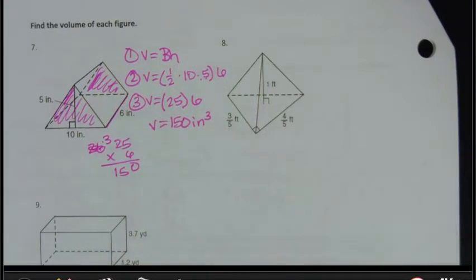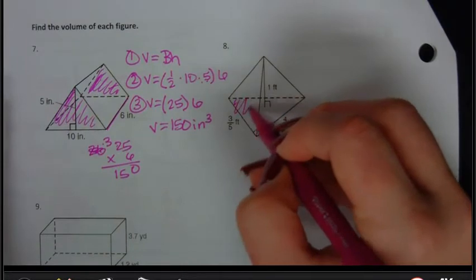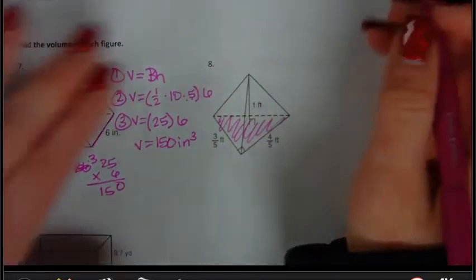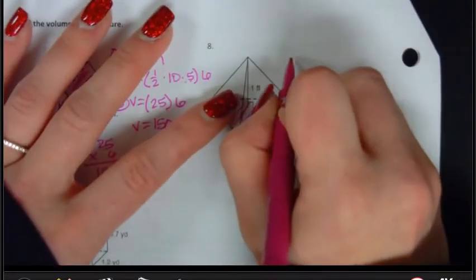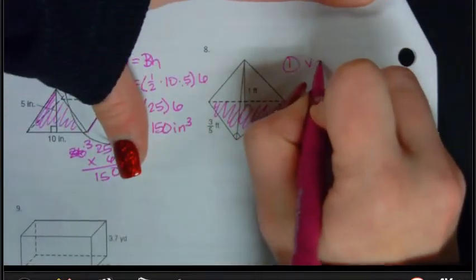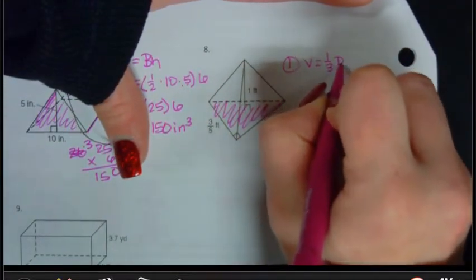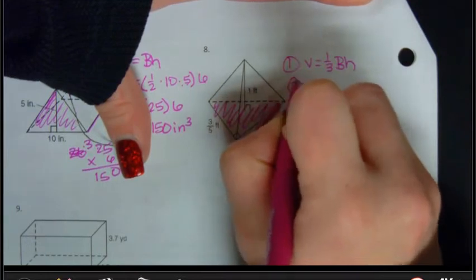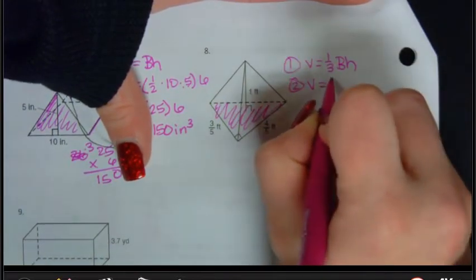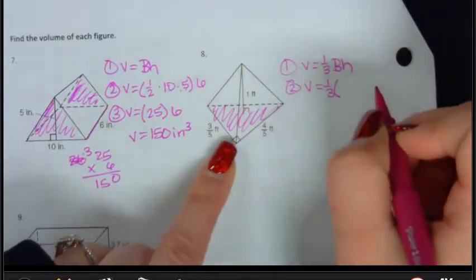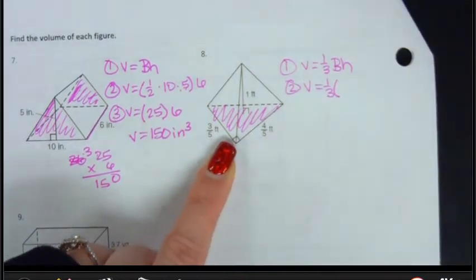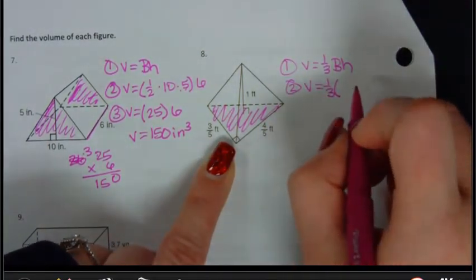Okay, 150 inches cubed. All right, number 8, it looks like I have just 1 base, which means I have a pyramid. So I'm going to write down my equation. So volume is equal to 1/3 capital B times H. Second step is plug in. Volume is equal to 1/3. Now, to find the area of my base, it's 1/2 times the base times the height.